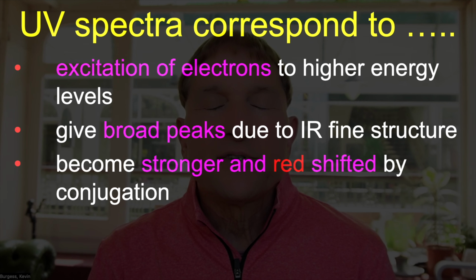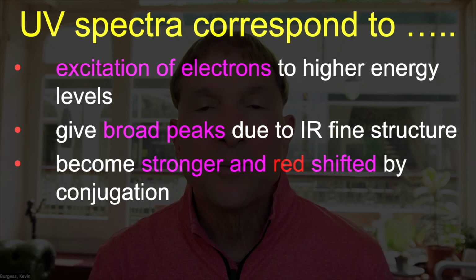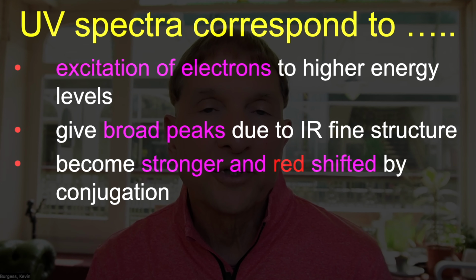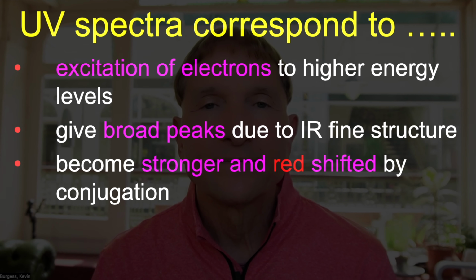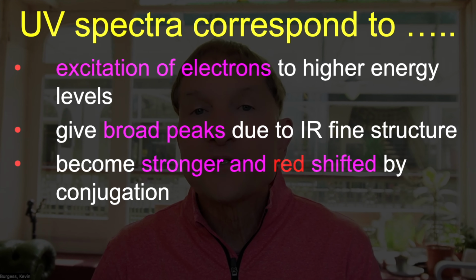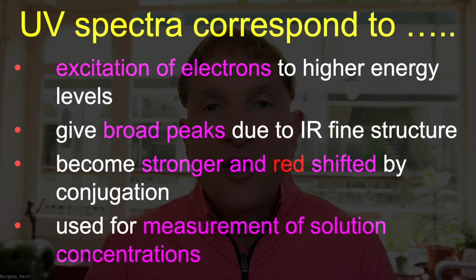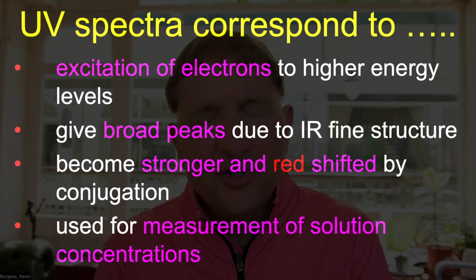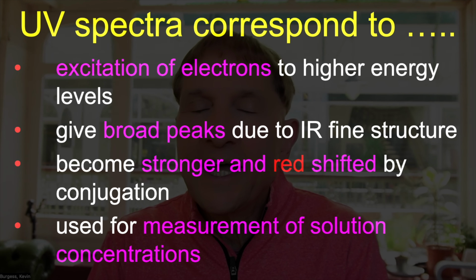These red shifts are due to the effects adding pi bonds to the conjugated system has on the molecular orbitals, and in particular, the HOMO-LUMO gap. Closer gaps correspond to lower energy, longer wavelength transitions. Finally, UV spectroscopy is a terrific technique for measuring concentrations of compounds, and this is particularly so for DNA and proteins.